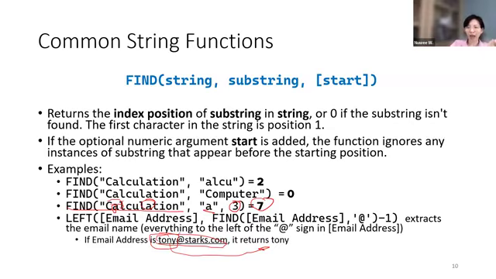First, you need to find where the @ sign starts, so you use FIND with the @ sign, and then subtract 1. I want the left part of the email address, with the number of characters from the first until the last one, which is the position of @ minus 1.